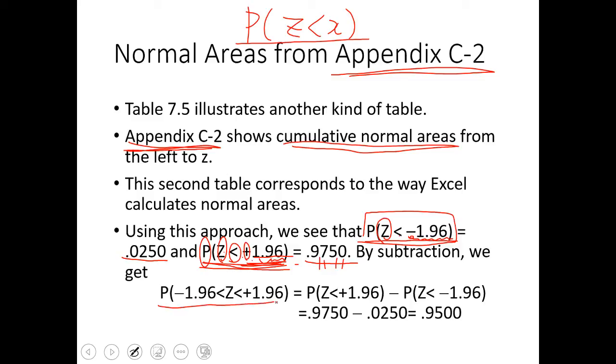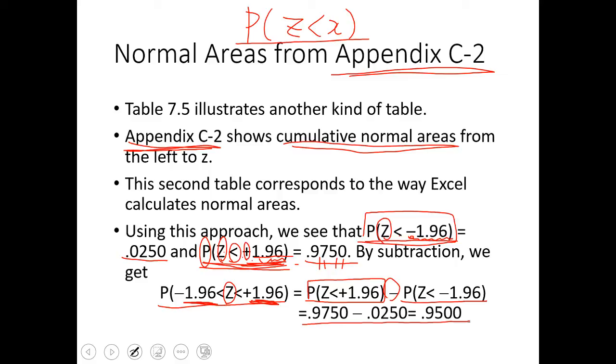So the probability that z is between minus 1.96 and 1.96 is the probability that z is less than plus 1.96 minus the probability that z is less than minus 1.96. And finally, we obtain this result.